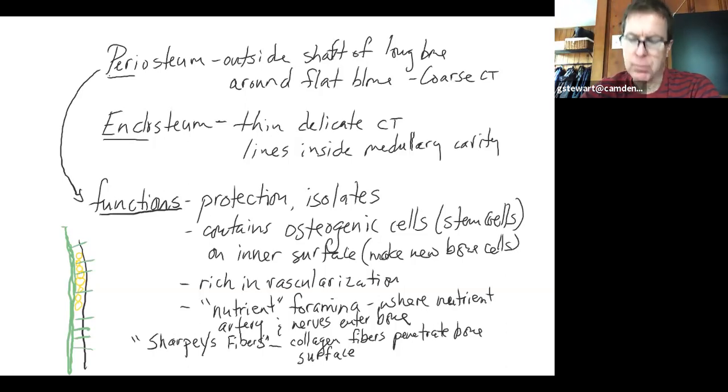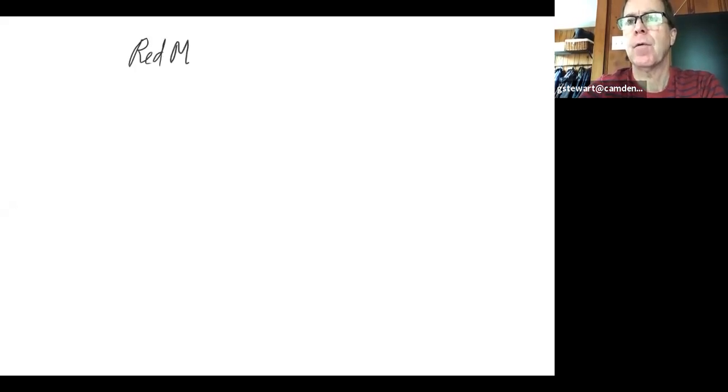All right, so let's move away from the periosteum, endosteum. I'm going to pull up a new board, and we're going to talk about red marrow very briefly. I talked something about it when we did bone as a connective tissue, spongy bone as a connective tissue.